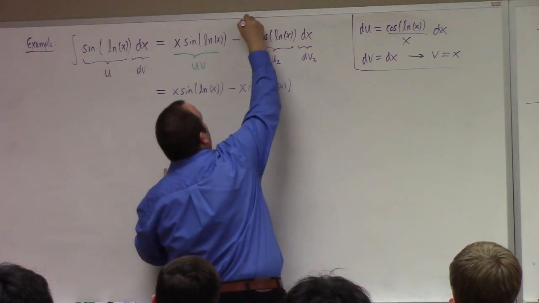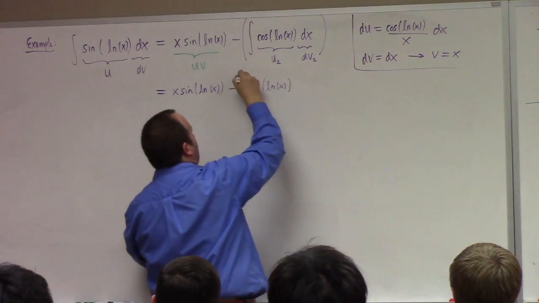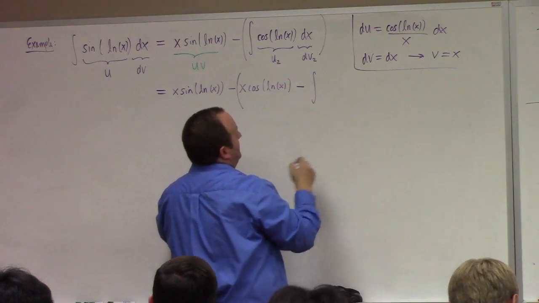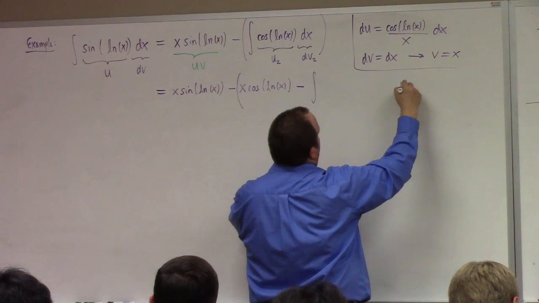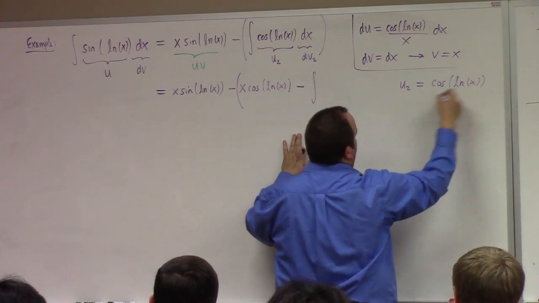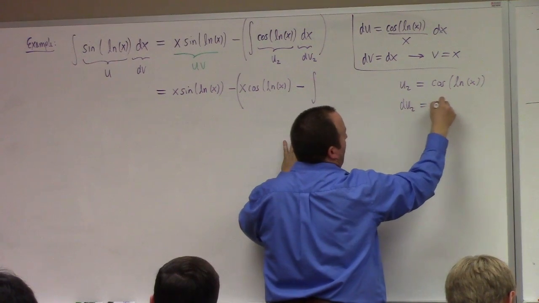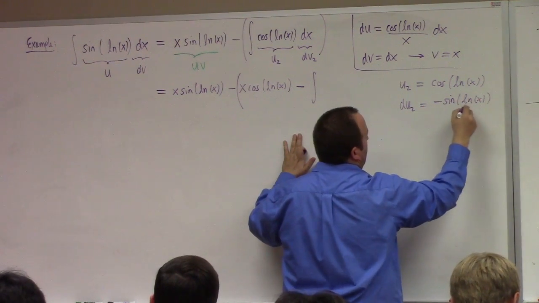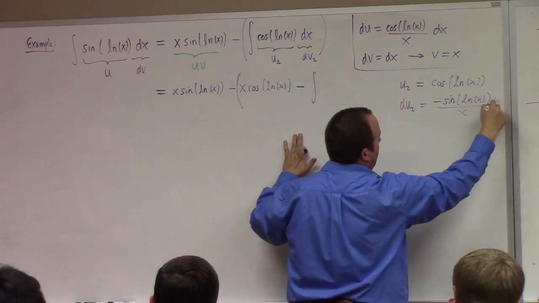Minus the integral. So here, u2 is cosine log x, right? That makes du2 minus, notice that minus, sine of log x over x dx.